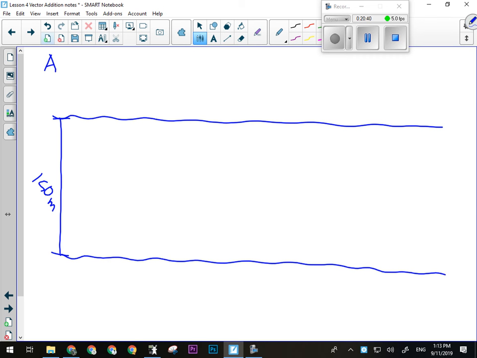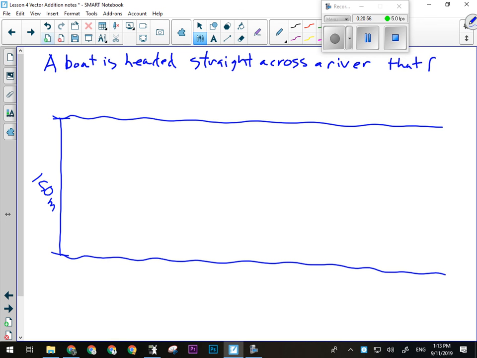A boat is headed straight across a river that flows east at 1.4 meters per second.